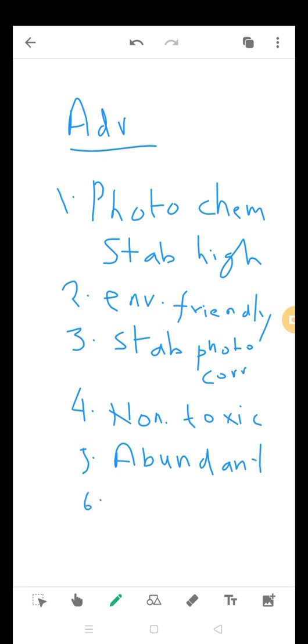And the sixth one is it can be produced easily in nano form. Putting it in nano form usually increases the activity of the photocatalyst because of a higher surface to volume ratio, and nano TiO2 can be obtained by simple soft chemistry methods like sol gel. So these are the advantages.